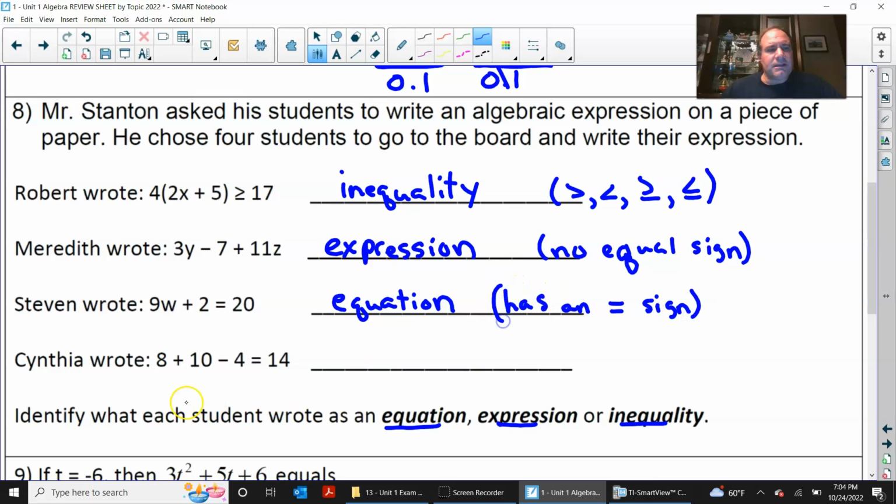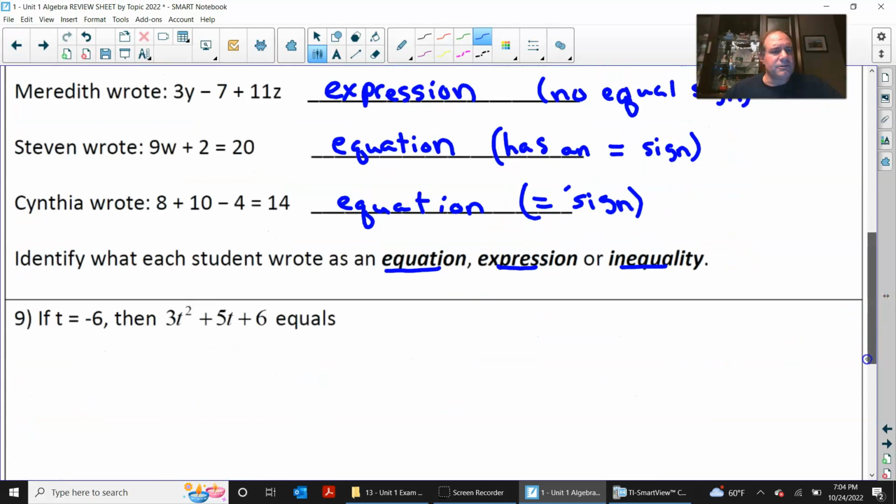And the last one, Cynthia wrote 8 plus 10 minus 4 equals, another equation. And again, it has an equal sign. And that's it for that question.